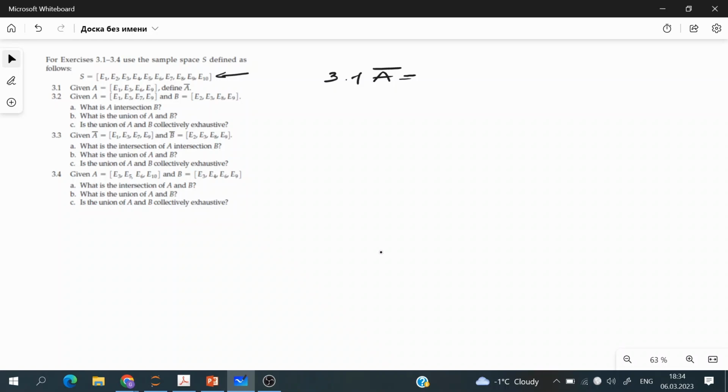So in event A we have E1. Therefore, for the complement of A we will have E2. In event A we have E3 and we don't have E4 and E5. Therefore, we will have it here, E5.